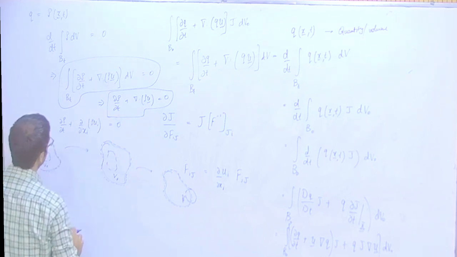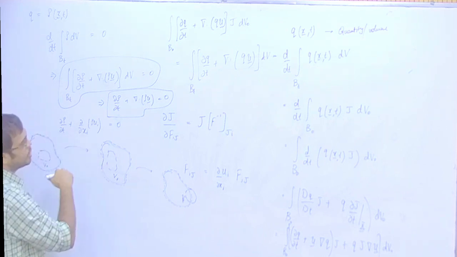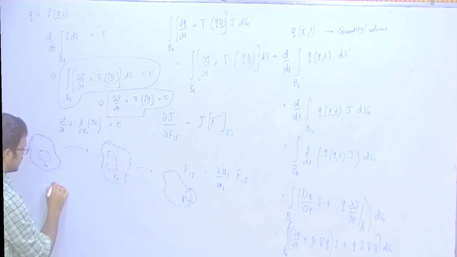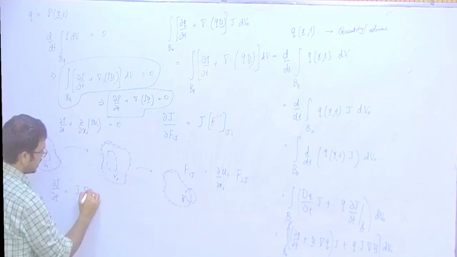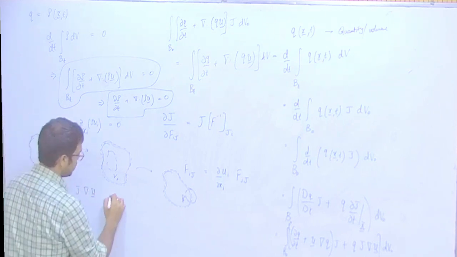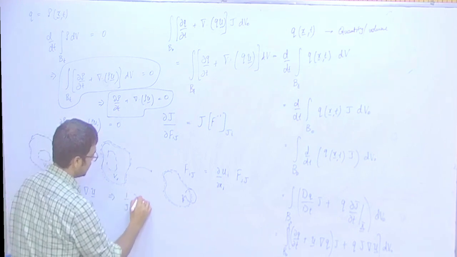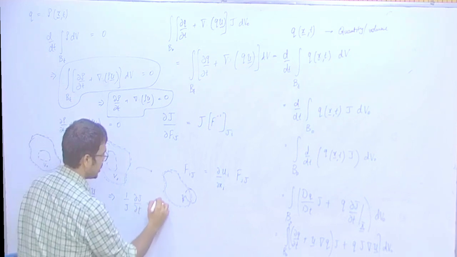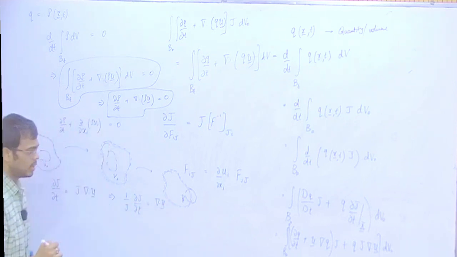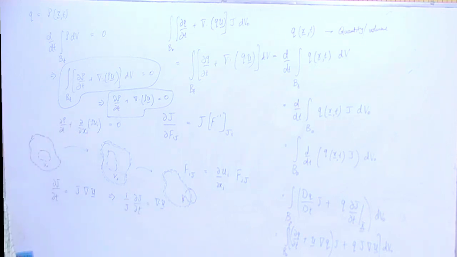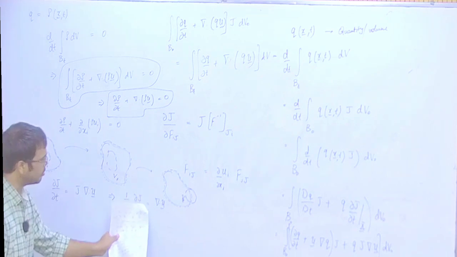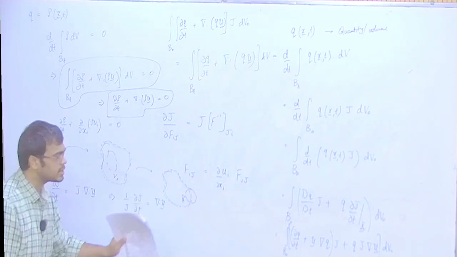Now we can get the same intuition that we got from ∂J/∂t. So ∂J/∂t was actually J times ∇·u. What does this mean? This means that (1/J) ∂J/∂t is actually ∇·u. So the rate of change of volume per unit volume is equal to ∇·u.